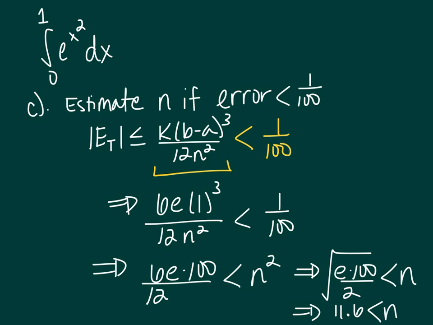My n has to be greater than 11.6, so I need an actual integer value for n. So we're going to let n be greater than or equal to 12. And as soon as you do that many subdivisions, you should expect your error to be within 1/100th of the actual value. And that's it.